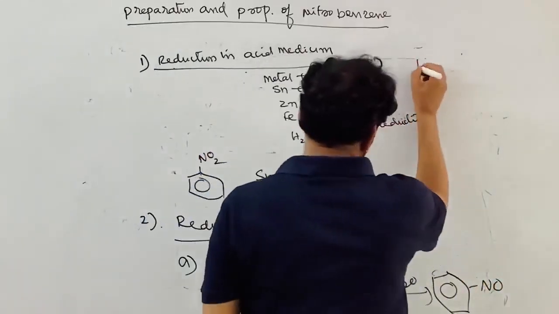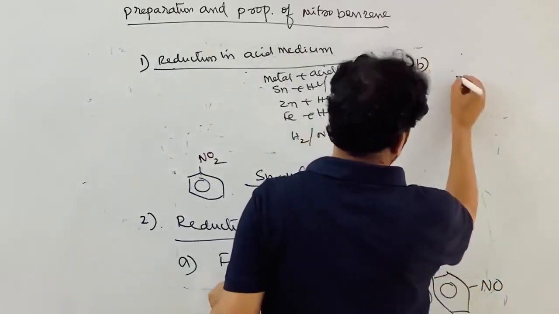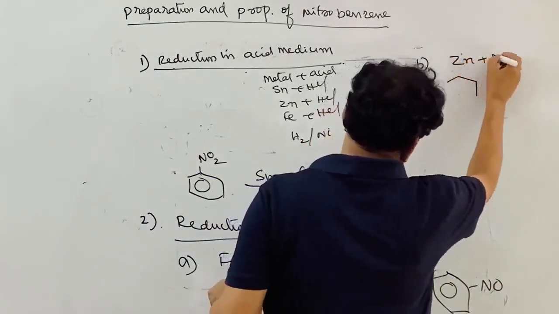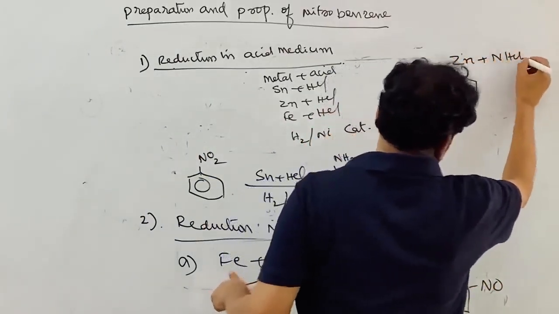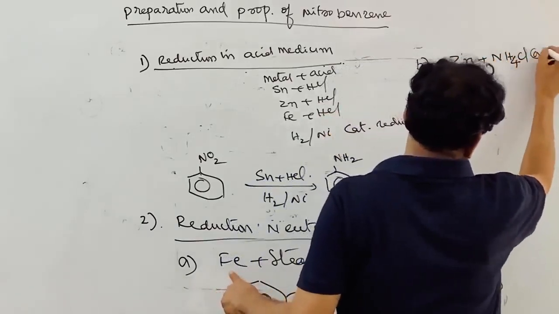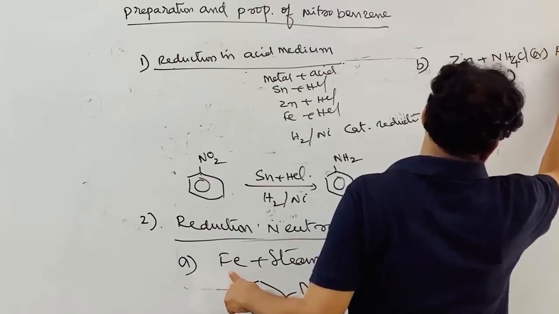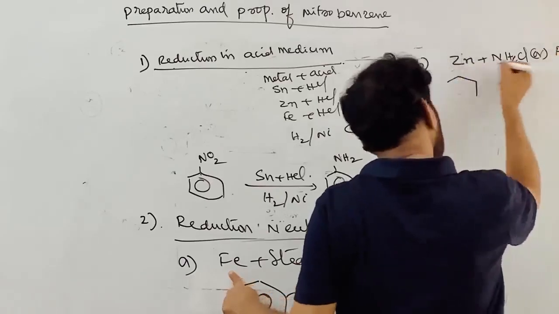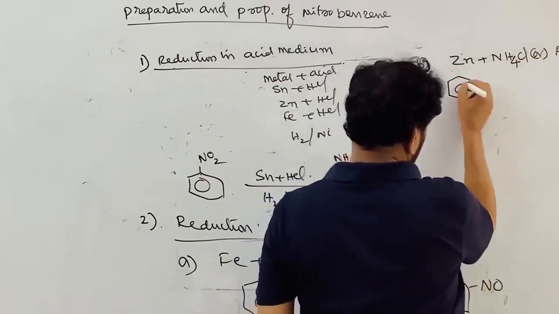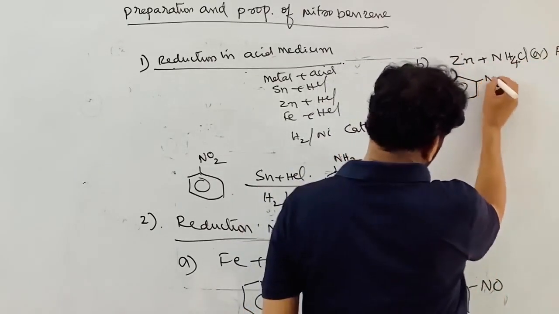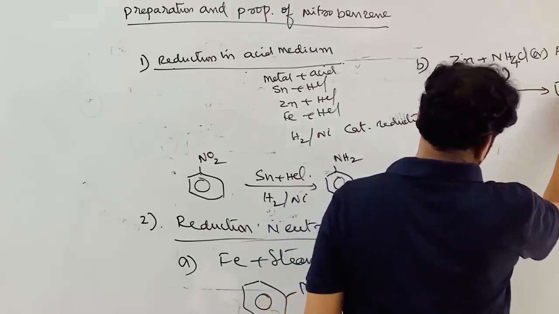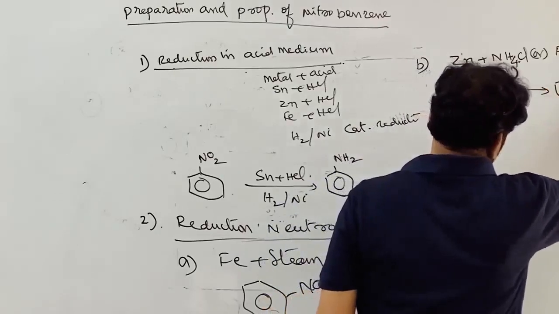And B is the same nitrobenzene treated with zinc plus ammonium chloride, NH4Cl, or aluminium amalgam, or zinc plus copper chloride. In this slightly acidic medium, nitrobenzene is converted to phenyl hydroxylamine.